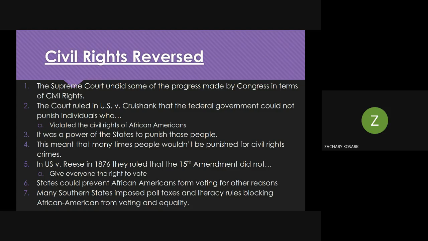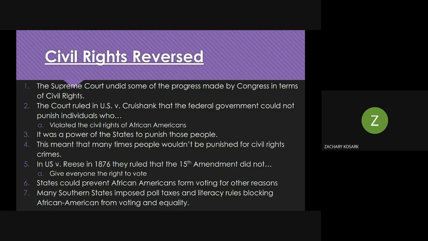They also had literacy tests, which would block African Americans from voting and block them from doing different things. And we've also talked about the fact that African Americans that were enslaved didn't have access to education. And now after the Civil War, if they have access to education, a lot of times their teachers are being killed or their schools are being burned down.